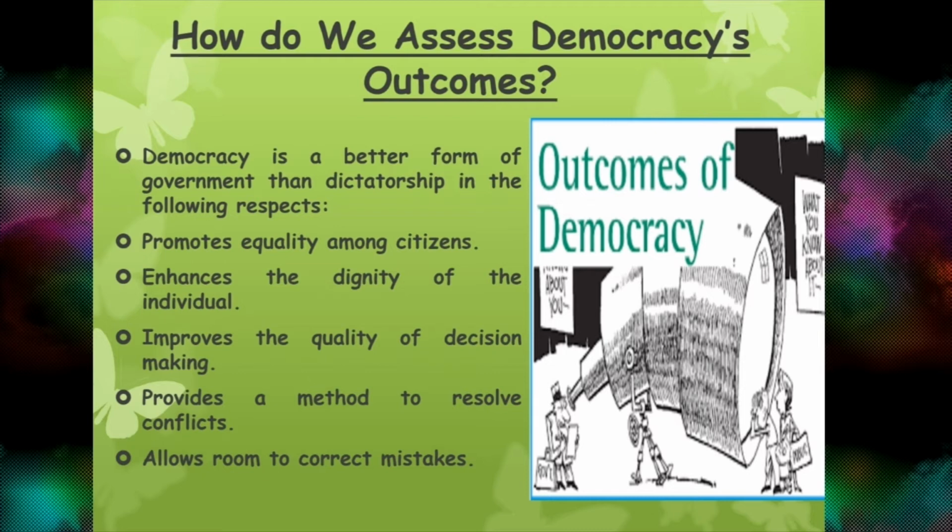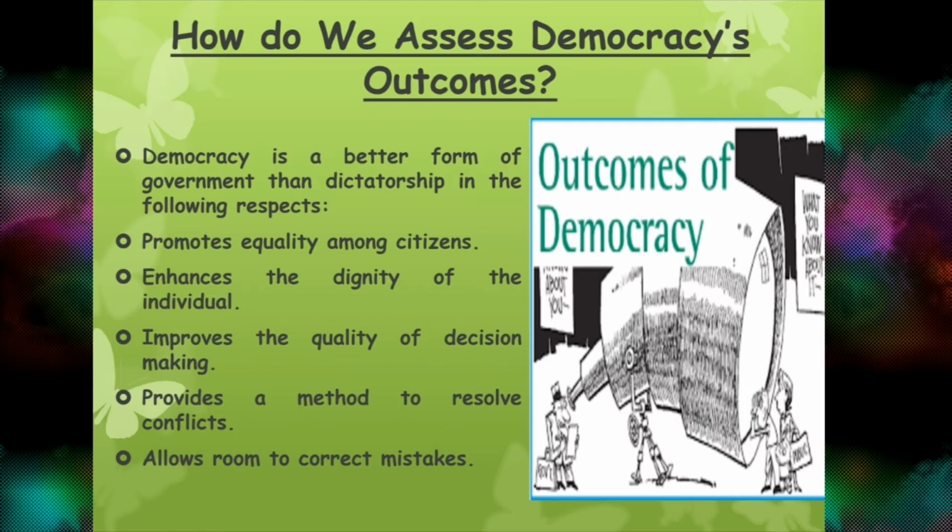Number 5, it allows room to correct mistakes. When you compare with any other form of government, democracy gives you space to correct your own mistakes. Though a criminal is proven guilty, in such a condition, immediate hanging or immediate sentencing will not be imposed on that criminal.